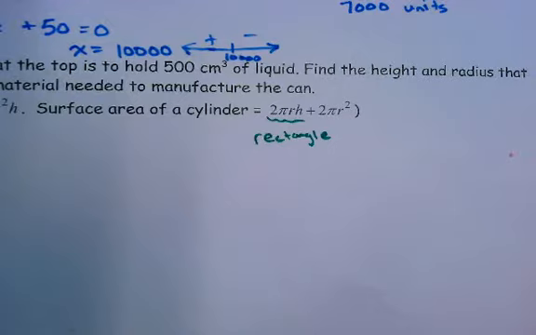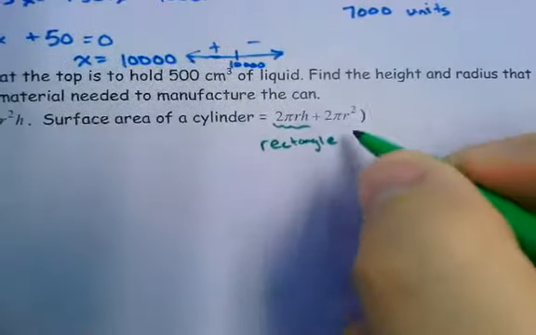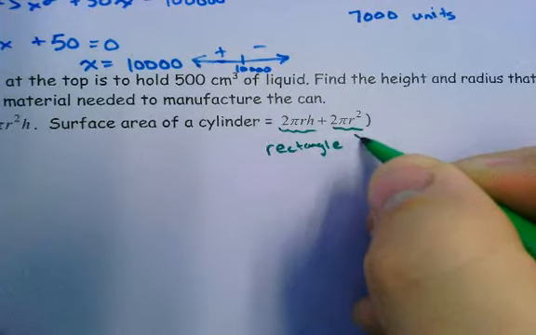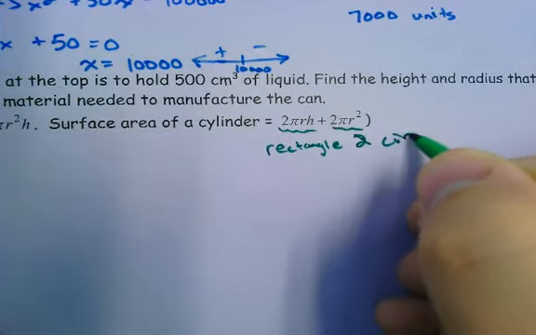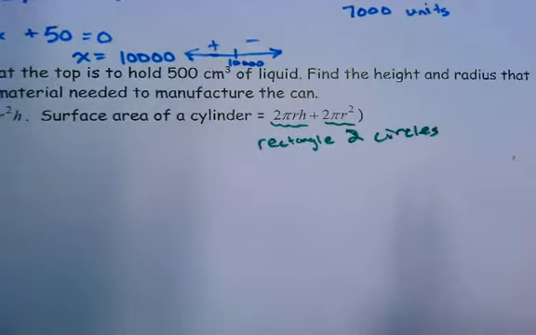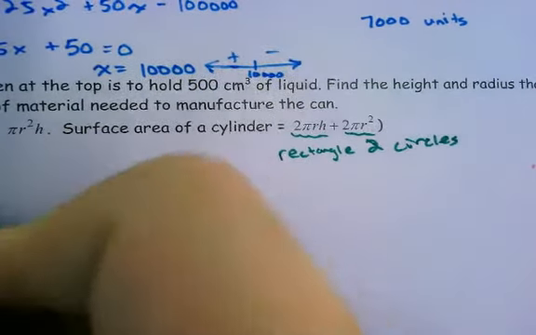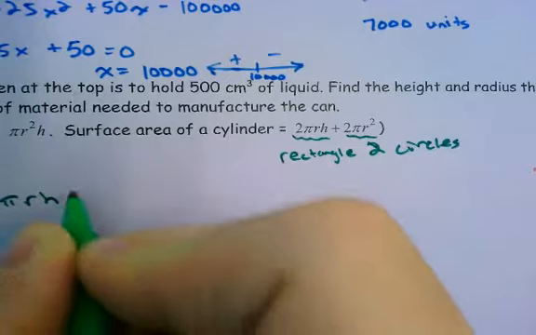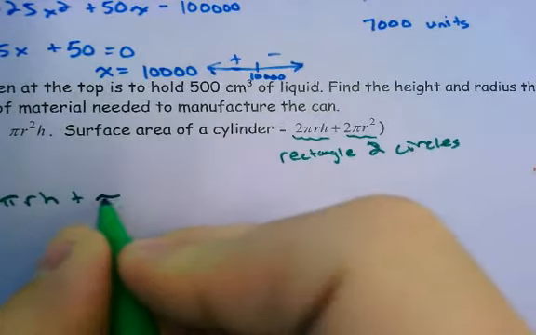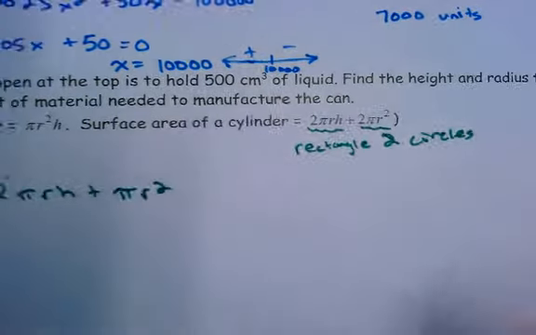You unroll and you get a rectangle and you're left with 2 circles. But in our special can here, how many circles do we have? So our surface area is going to be 2 pi r h plus pi r squared.